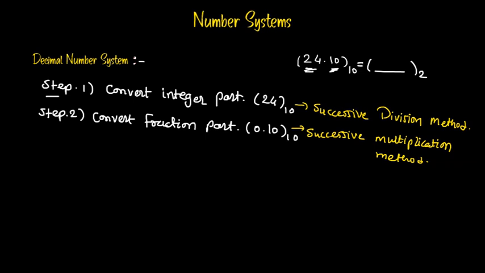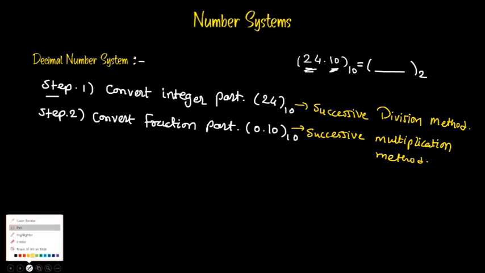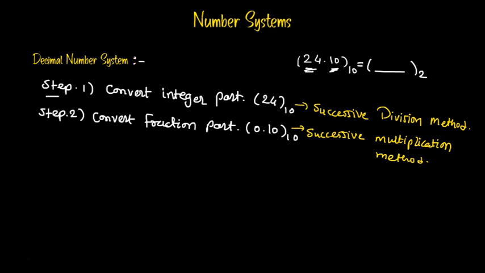So let's discuss how to convert the given number with the help of the successive division method and the successive multiplication method. First, the division method, which applies to the integer part. First point, divide the integer part of the decimal number by the given base number and store the quotient and remainder.